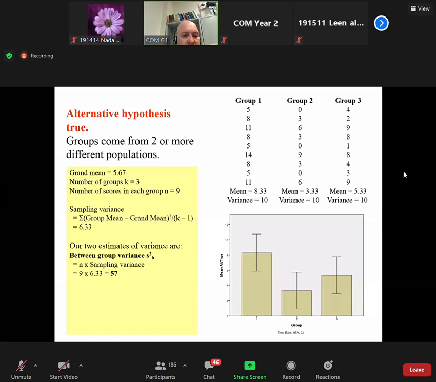Now, if the means don't differ very much, we should get a value that is close to 10, which is what we got when the null hypothesis was true in the previous slide. But because this first mean for group 1 is quite a lot larger than these other means, it inflates the between group variance. So it is now 57, whereas before it was only 9.